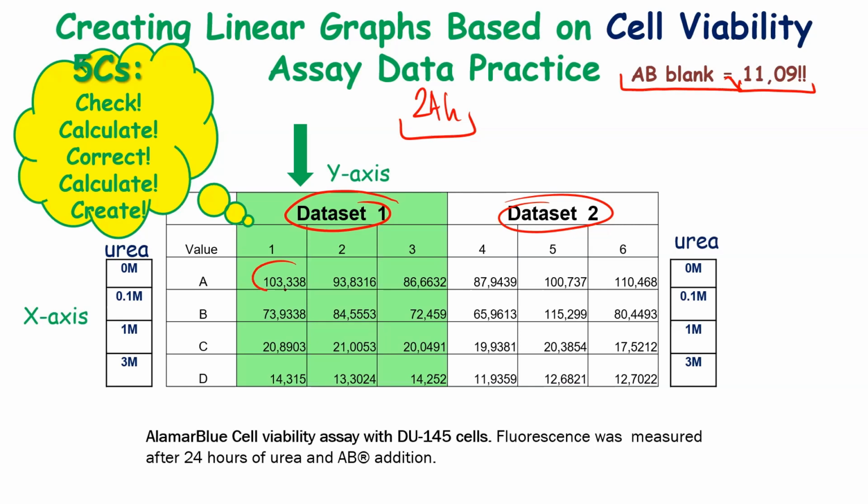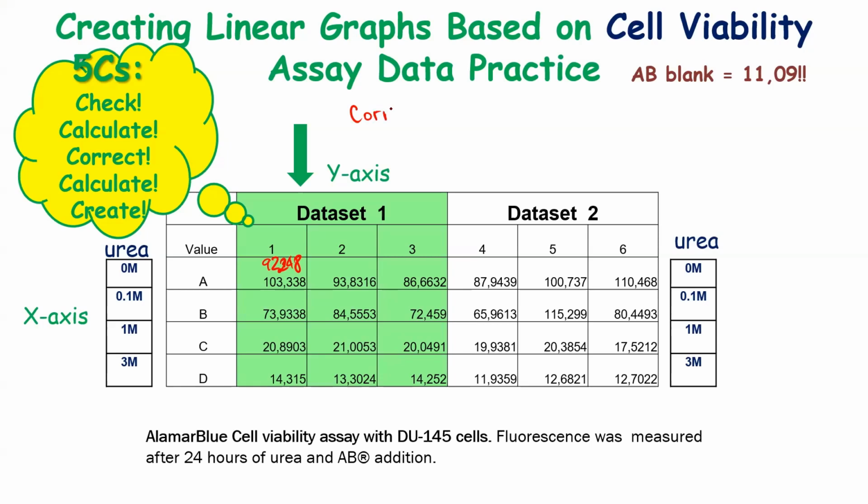So what you do, you take all of these values for each of the datasets and you subtract 1109. Very fast. So here you have 92, 24, 8, and so on. You first correct the fluorescence intensity and obtain corrected fluorescence intensities.